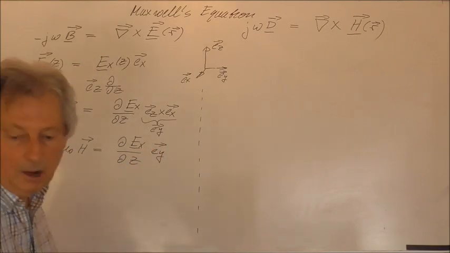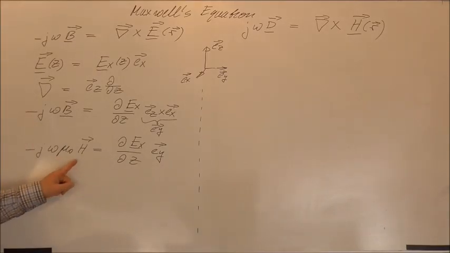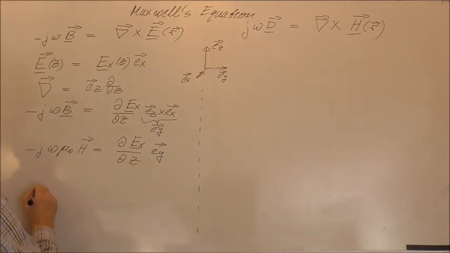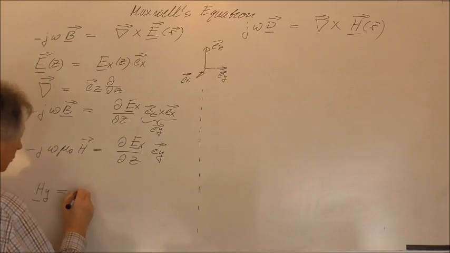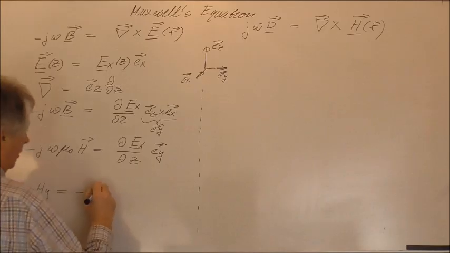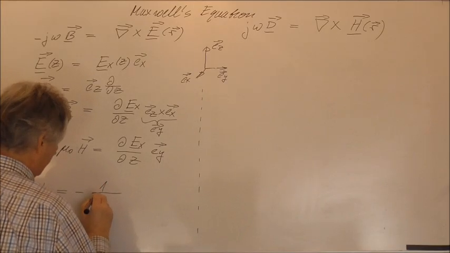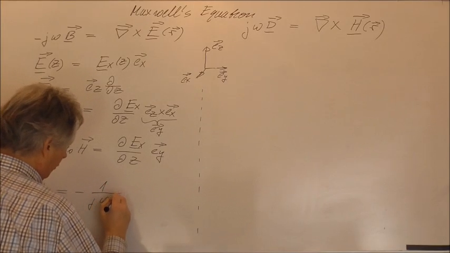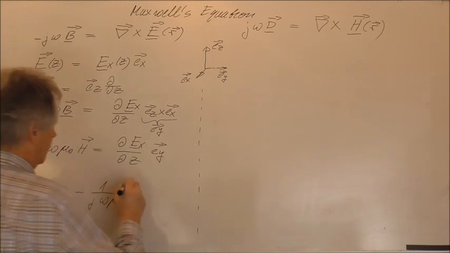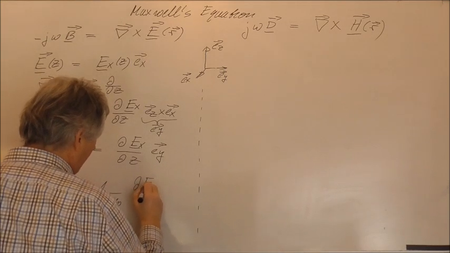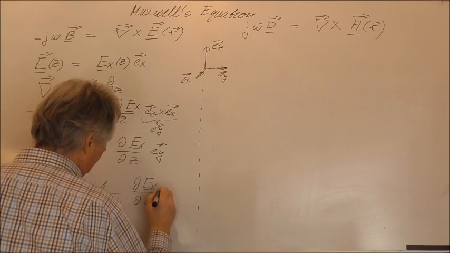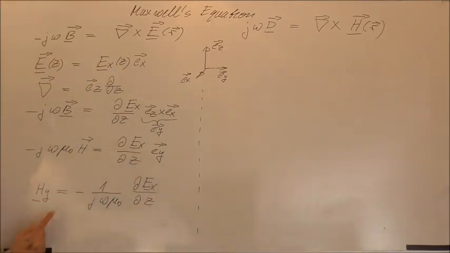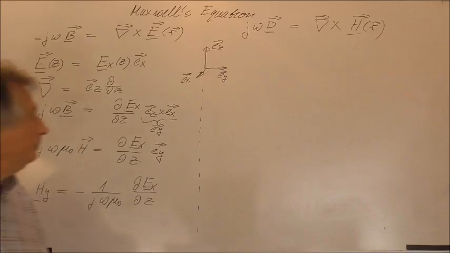What we see now is that the magnetic field will only have a y component, and so we end up with the equation Hy equal to minus 1 over j omega mu naught times the derivation of the x component with respect to z, and we can omit now the unit vector.